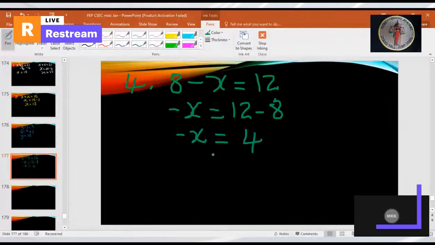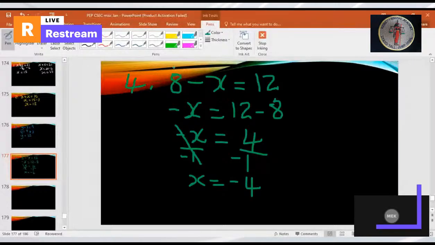Remember now, we don't want negative x. So get rid of that negative there. We're going to divide both sides by negative, and that will cancel the negative. And we divide the 4 by negative, which is negative 4. If we substitute negative 4 up here, we would have 8 minus negative 4.